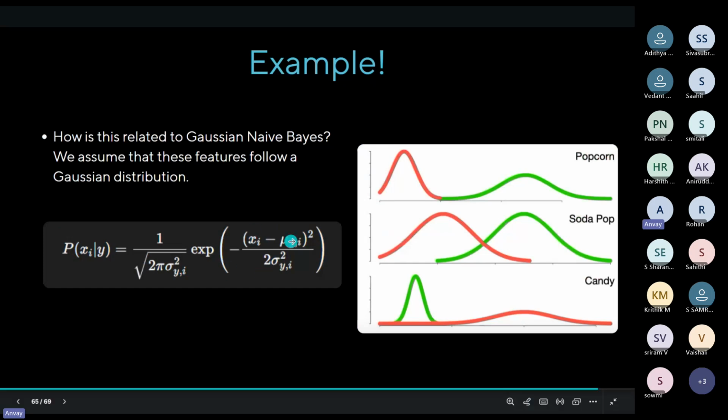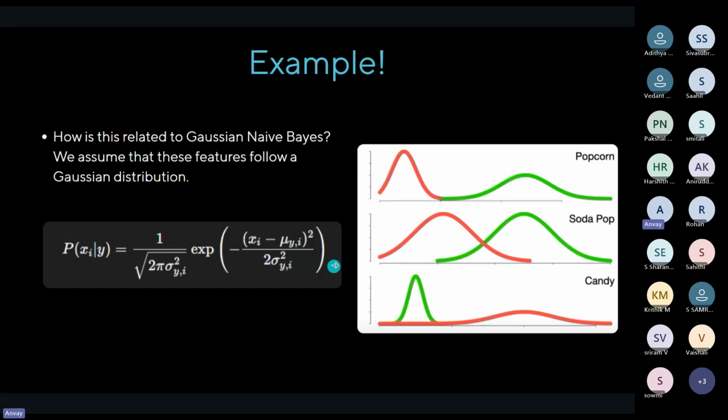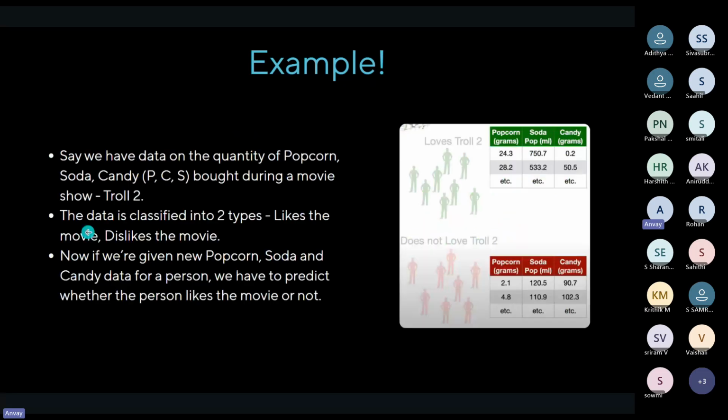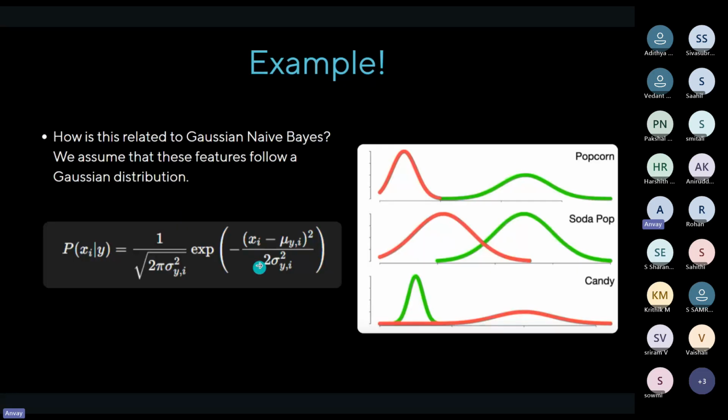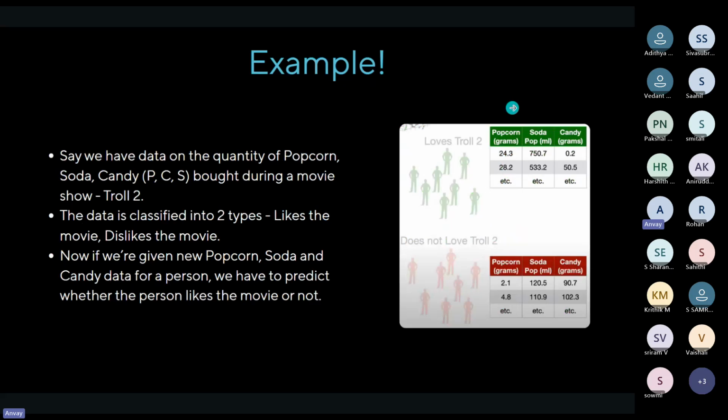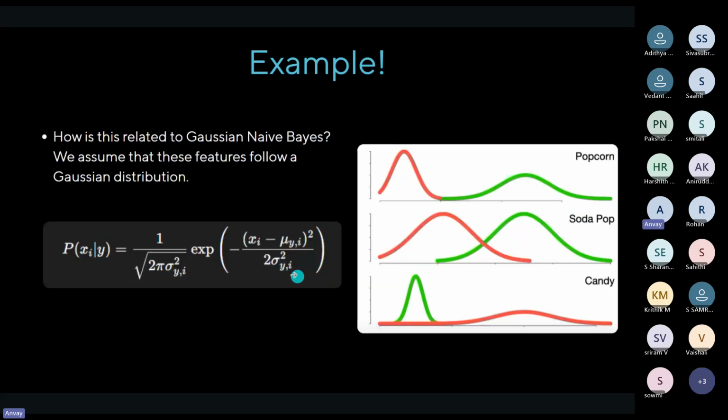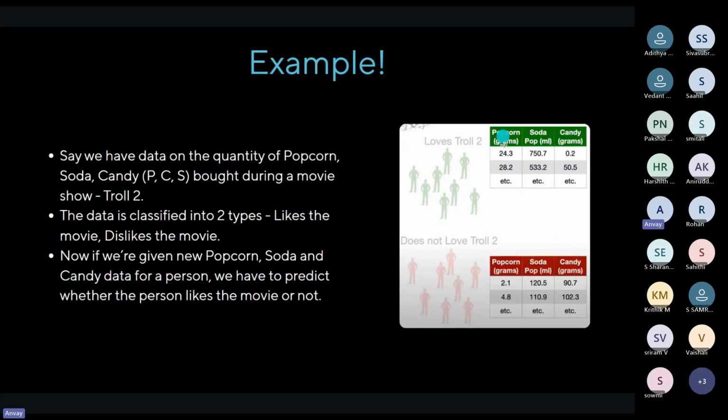So this is x minus the mean of that feature in your class. If I want to find it for popcorn, then this mu is the mean of all the values in this column. And your sigma squared is the variance of all the values in this column. So that's how we compute the probability.